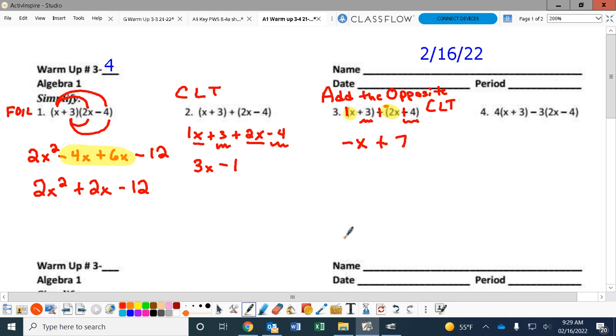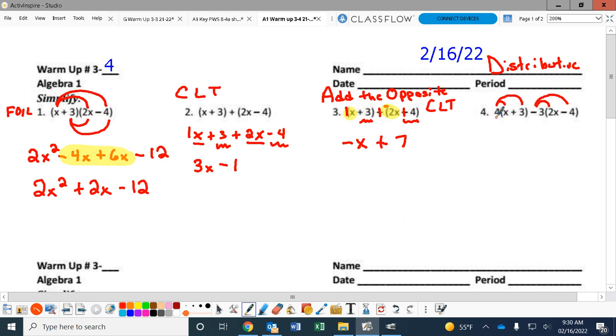Okay, guys, last one. The last problem involves what property first? What property do we have to use first? It is the distributive property. We are going to distribute to both of these before we do anything else. This is multiplication when you have a number in front of a parentheses.